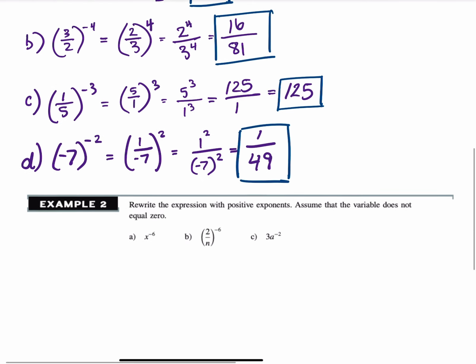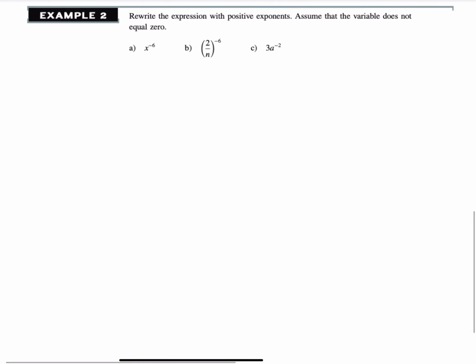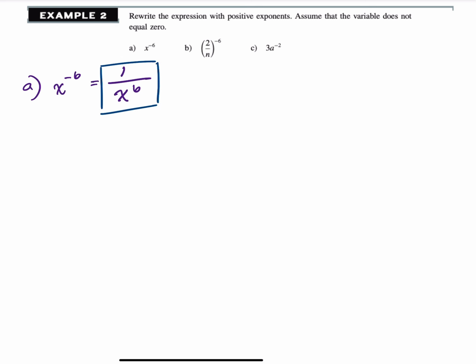And this also applies to variables. So a few more examples. If we have x to the negative 6th power, we can write that as 1 over x to the positive 6th power. Just ends up in the denominator.